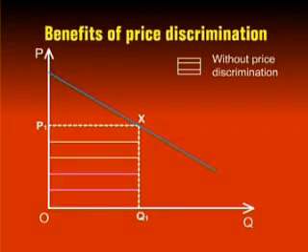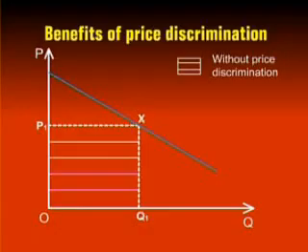However, now if the firm started price discriminating, that is, selling part of its product at P1 and the other part at P2, that is, if it sold 0 to Q2 worth of output at P2 and sold Q2 minus Q1 units at P1, then what would be the implications for revenues?